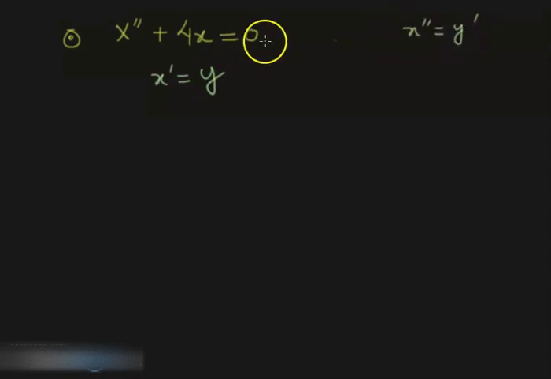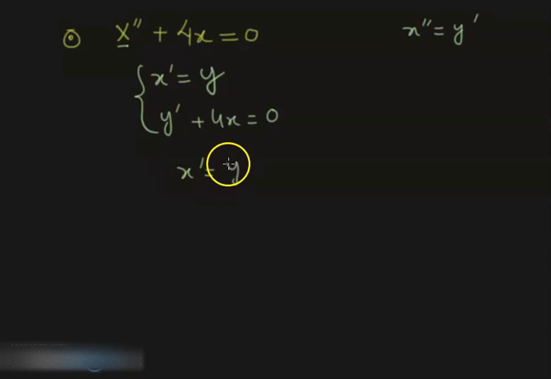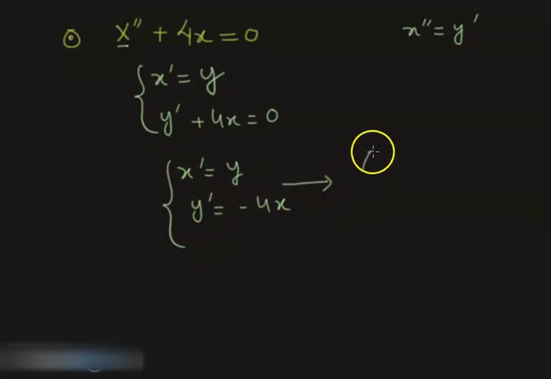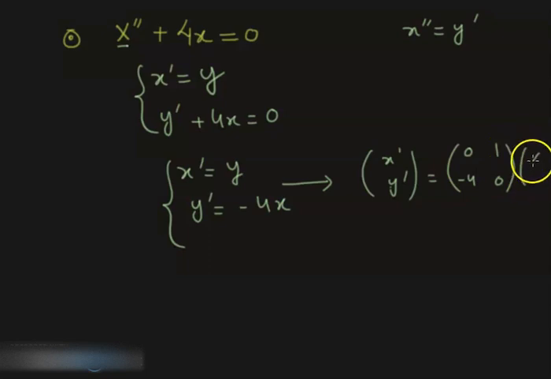So I can write y prime plus 4x equal to 0, or x prime equals y and y prime equals minus 4x. Now I can write it as a system: x prime, y prime equals the matrix 0 1, minus 4 0, times x, y.